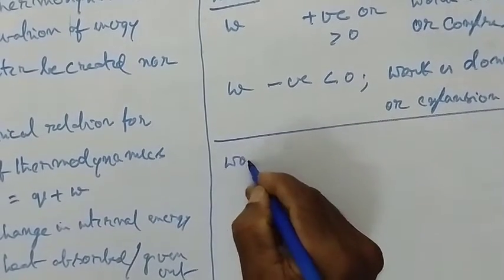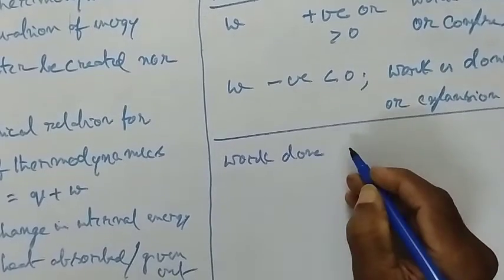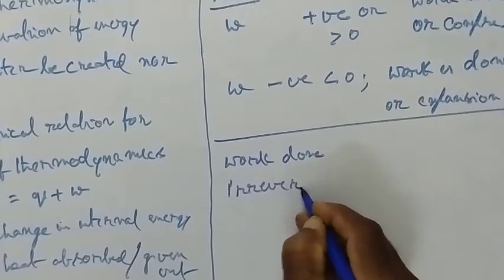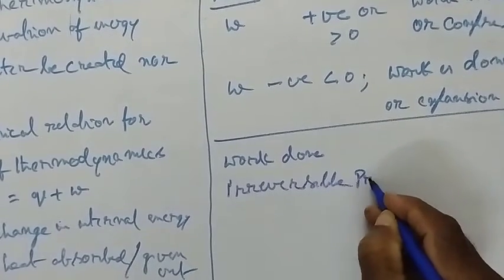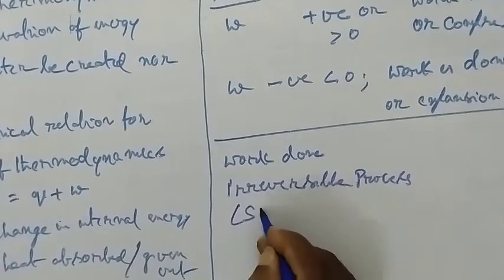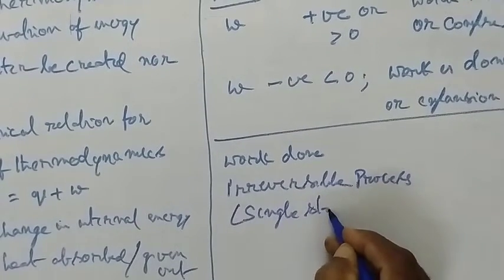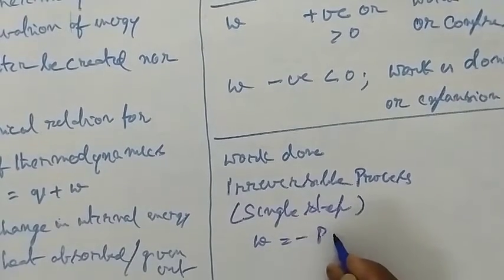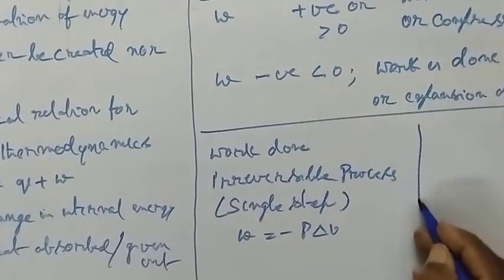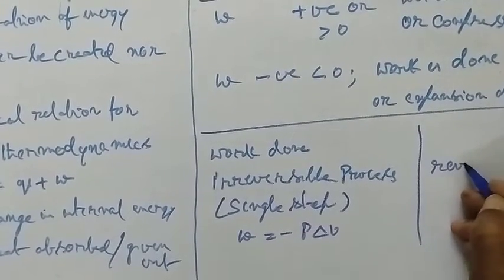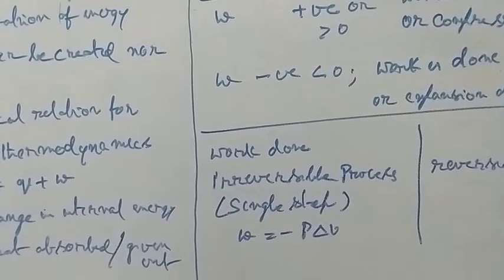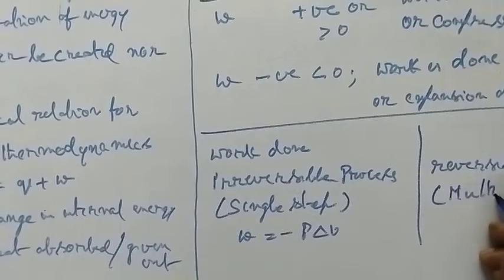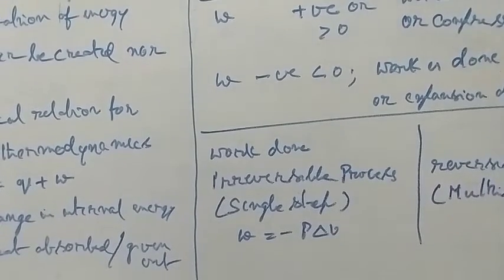So, work done in an irreversible process. Irreversible process means single step process. In single step process, W equal to minus P delta V. On the other hand, reversible process means multi-step process.